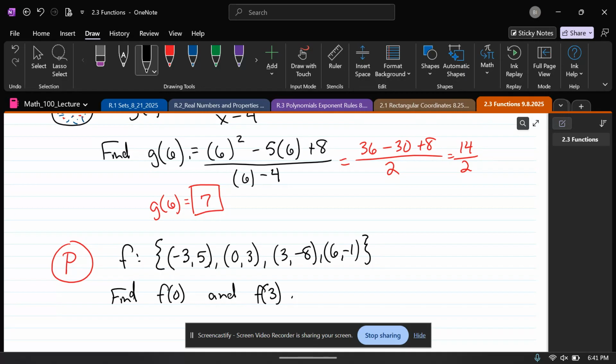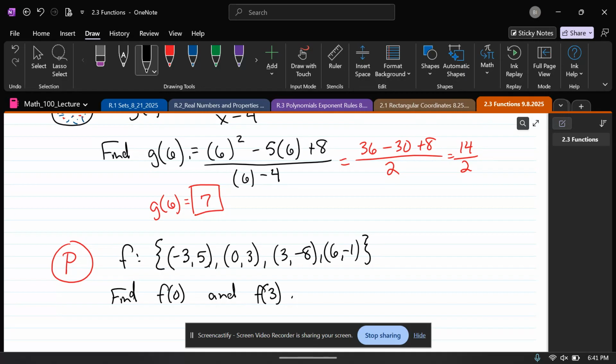But you've got 4 x's up there. The x values in that function are -3, 0, 3, and 6. What x values do they want me to find the y value that goes with them? 0. What's the y value that goes with 0 as the x?